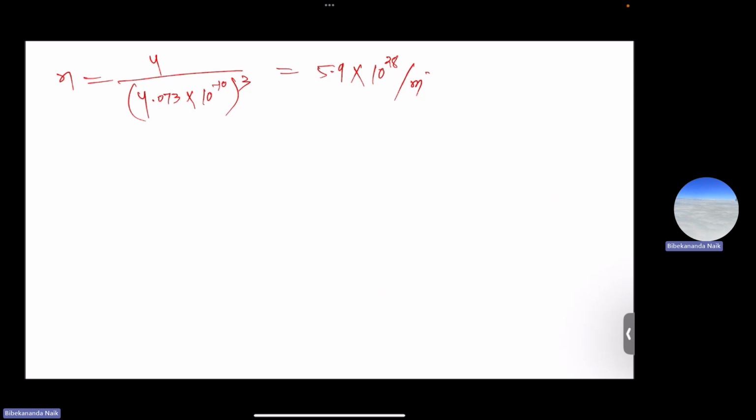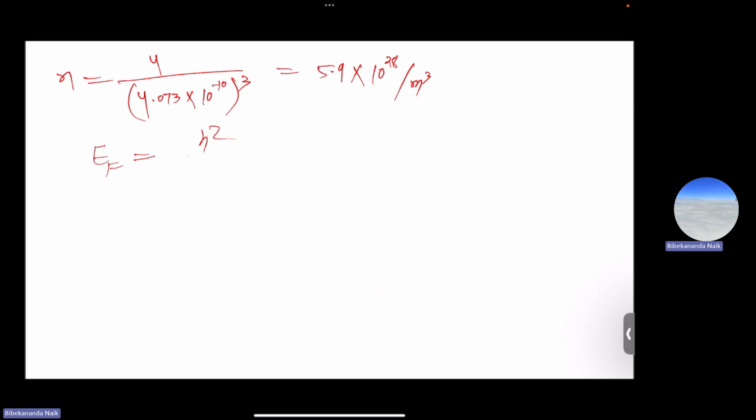So the electron number density for silver is 5.9 into 10 to the power 28 per meter cube. Now the Fermi energy can be calculated using the formula we just discussed in the previous question.